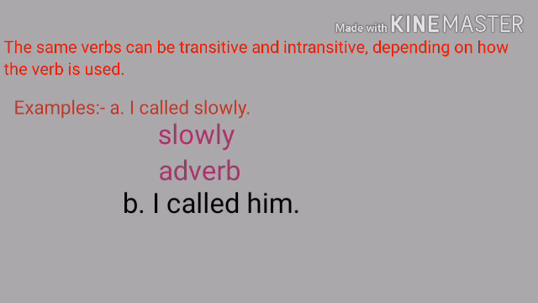In order to find out whether the word called is transitive verb, I will ask the question, to whom did I call? Or I will look for the object pronoun, and here the word him is object pronoun. Here there is a person, and therefore the word called is transitive verb.